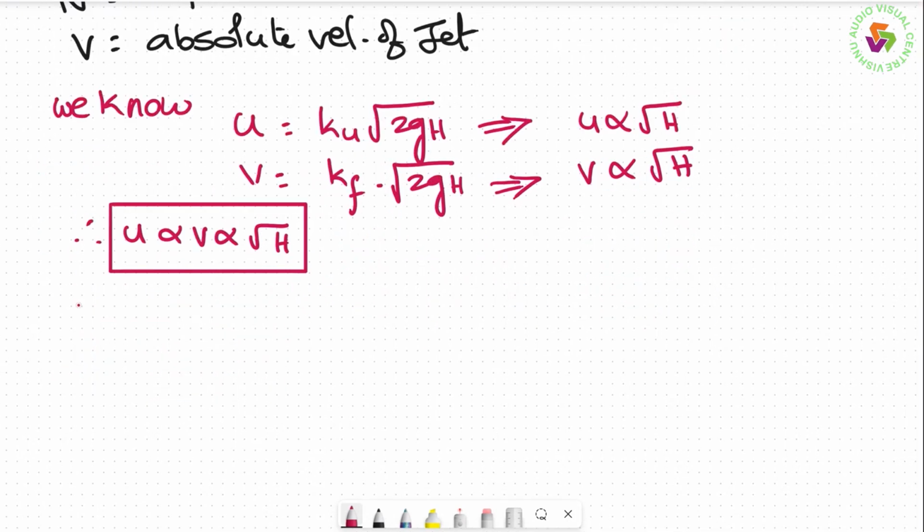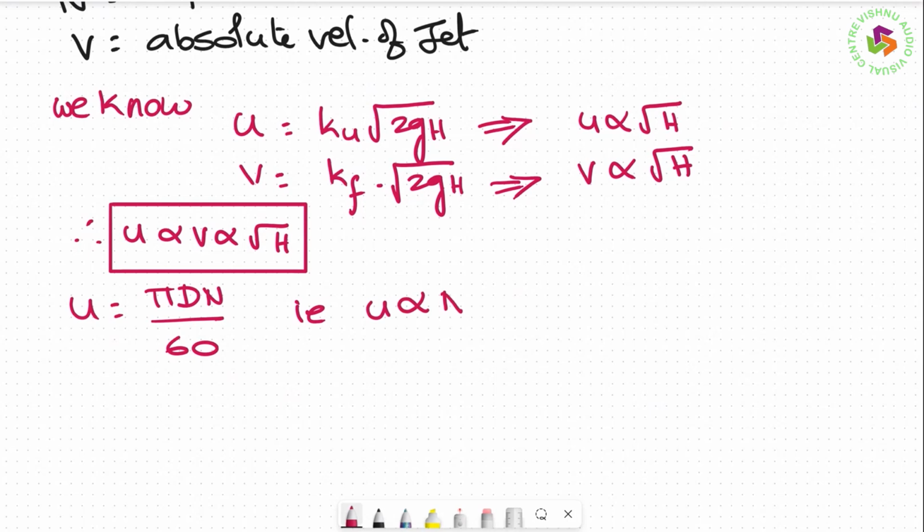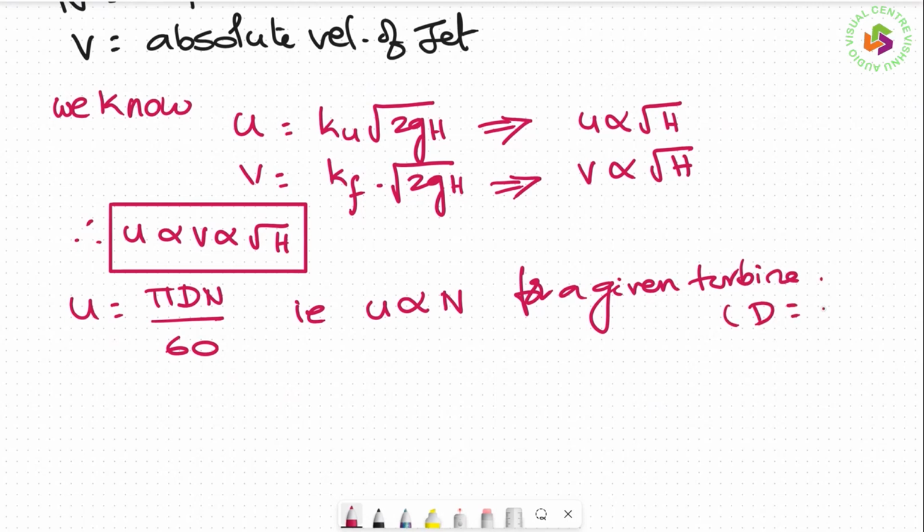And again, you also know that U is equal to pi D N by 60. That means actually U is proportional to N for a given turbine, where for a given turbine means D is equal to constant.